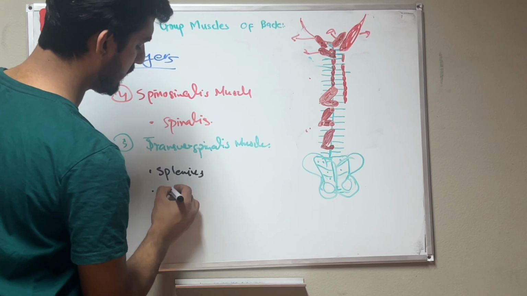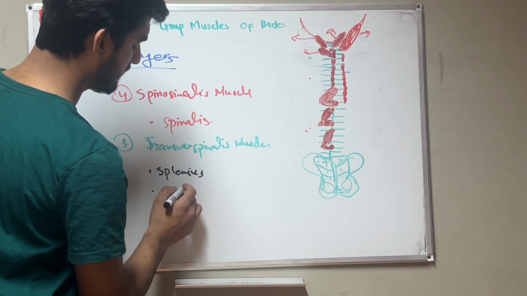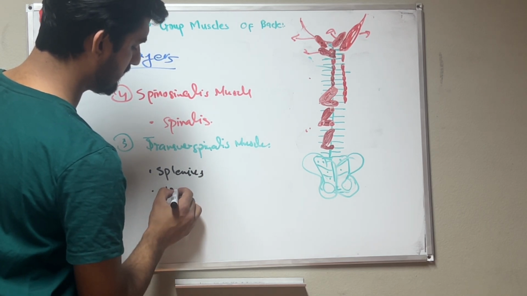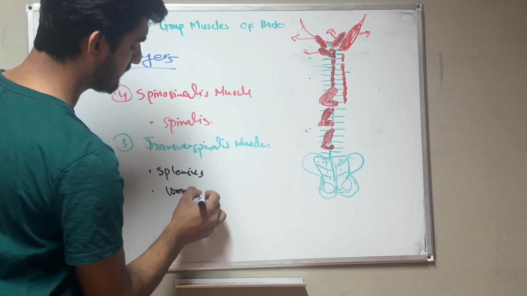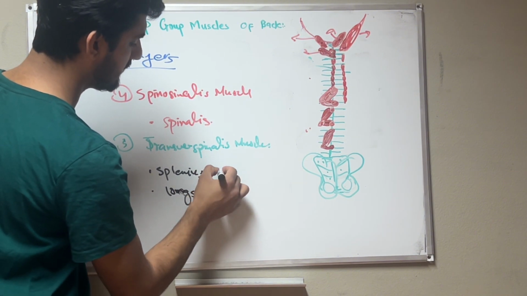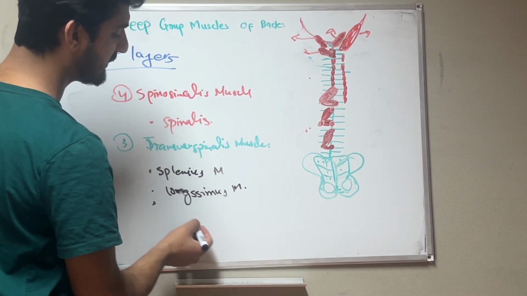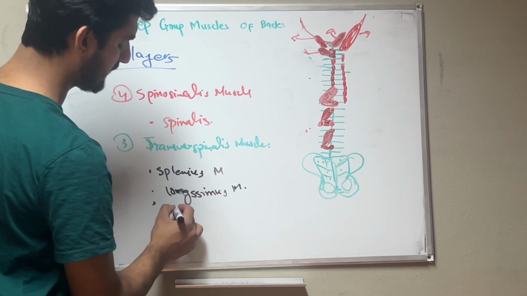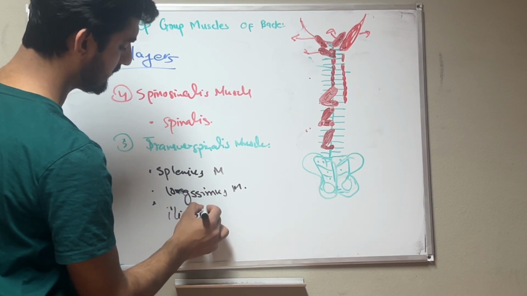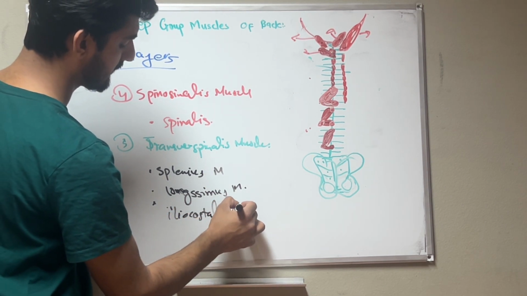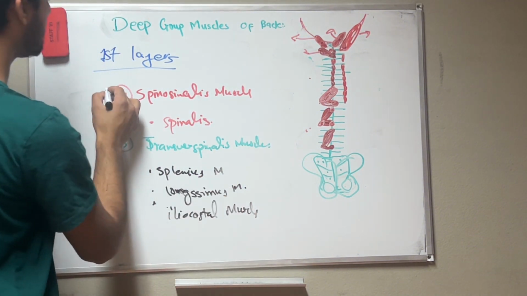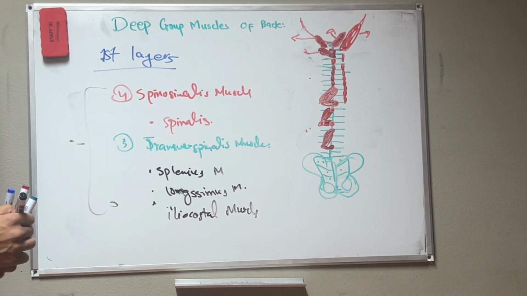Then we have the longissimus muscle, and the iliocostal muscle. These muscles we consider in the first layer of the deep group of muscles.